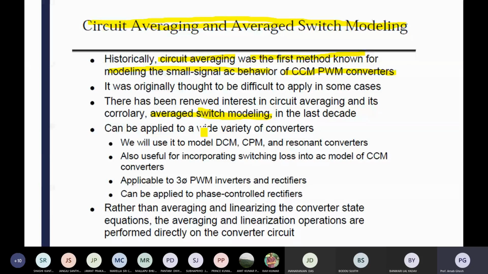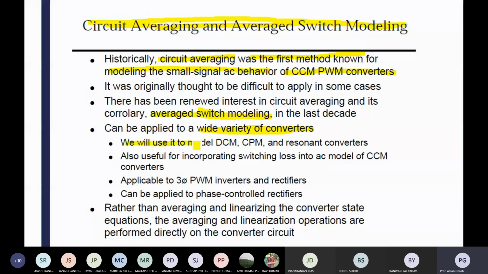Wide variety of converters means higher order converters, some advanced topologies of the converter, not the conventional topologies, so you cannot find that modeling in any book. You only get those equations in different research papers. That's the important issue.